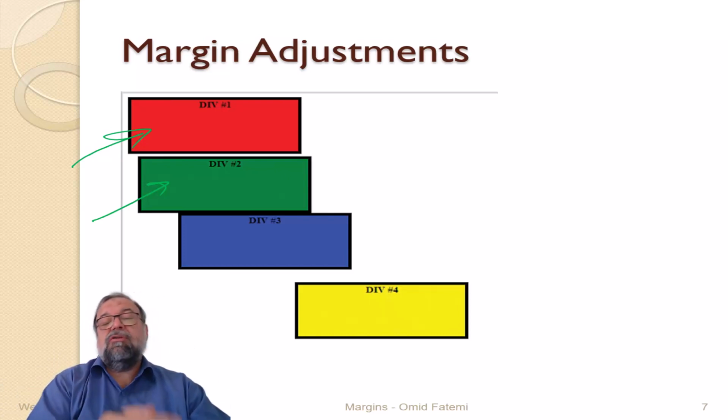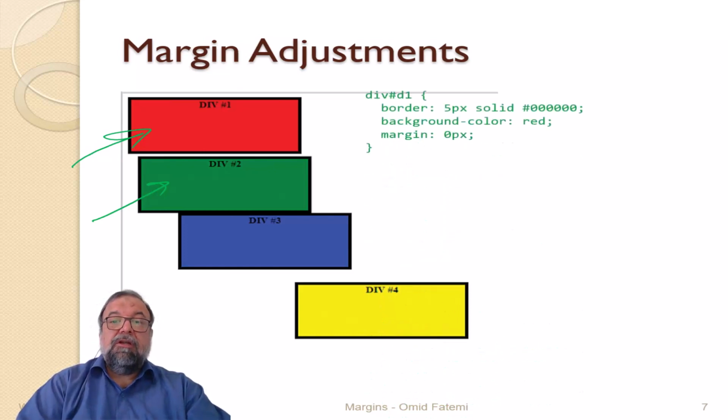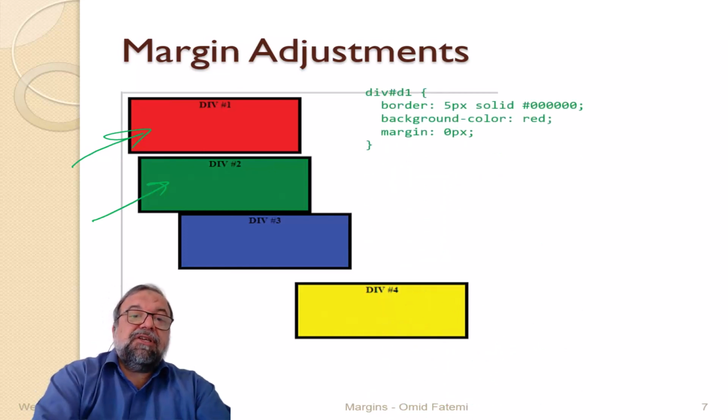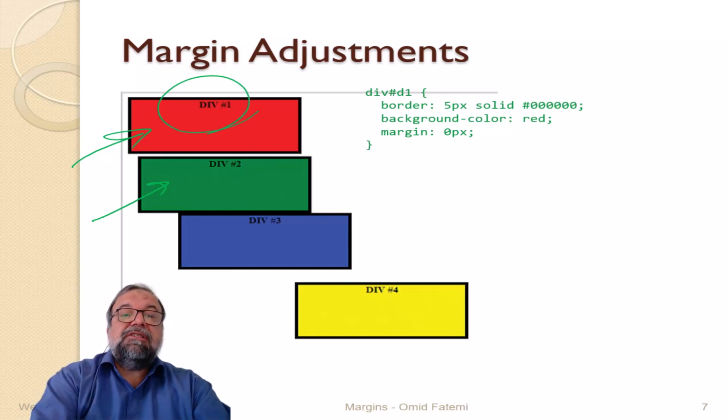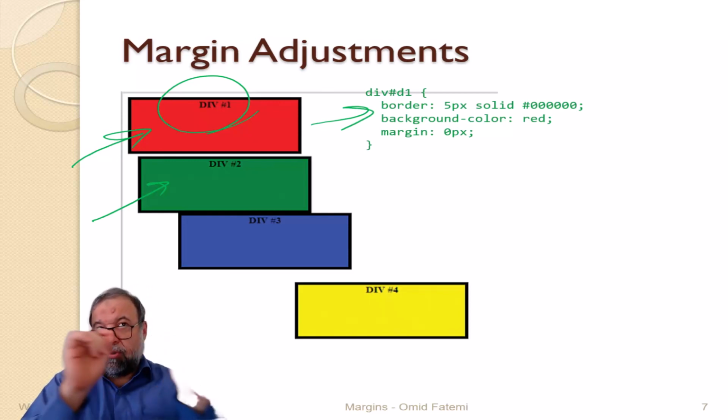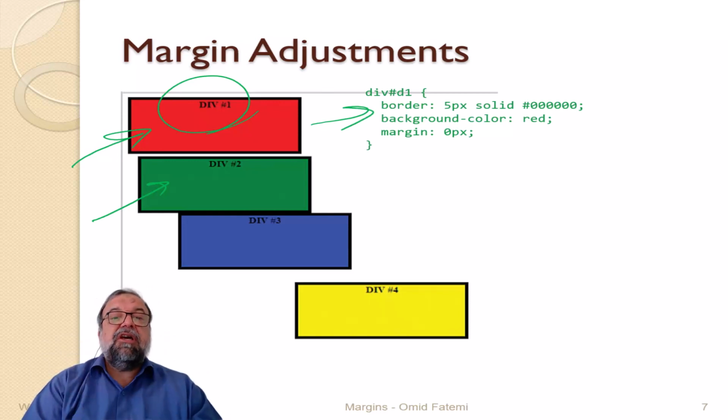The next one is also like that, as you can see here. Look at this. For the first div section, div number 1, the CSS that we are using is this. Border would be 5 pixels, and it is a solid border with black color.